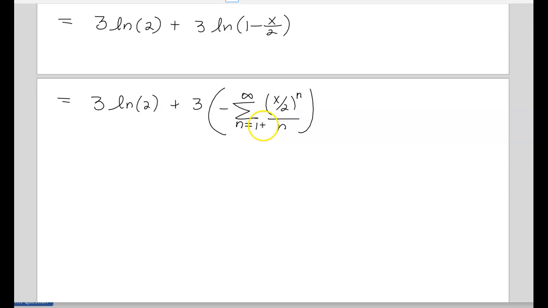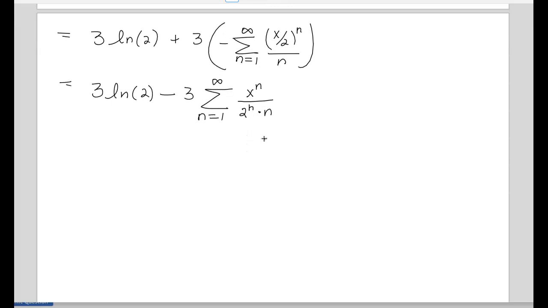And now I can simplify this series a little bit, and I'll get 3 ln of 2. There's a minus here, so it's minus 3 times the sum from n equals 1 to infinity, and I'm going to parse this out, so it's x to the n divided by 2 to the n times n.